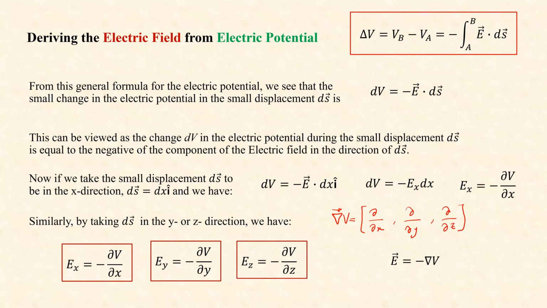So del V, which is the gradient of V, has three components: del V over del x, del V over del y, and del V over del z. And as you see, these are the negative of the components of the electric field. So we say electric field is negative of the gradient of V. All right. So this is a compact form of all these three equations.